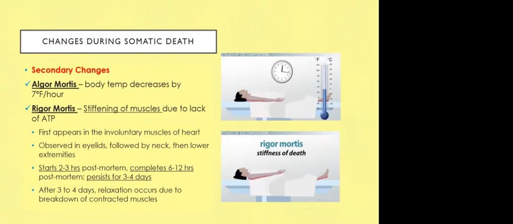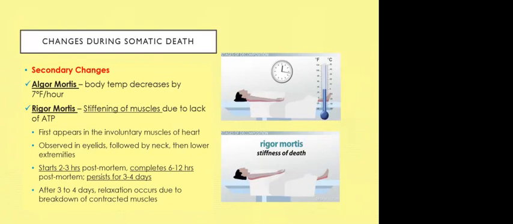The next one is rigor mortis. So rigor mortis refers to rigidity or stiffening of the muscles. This type of change is first seen in the muscles of the head and on the neck.